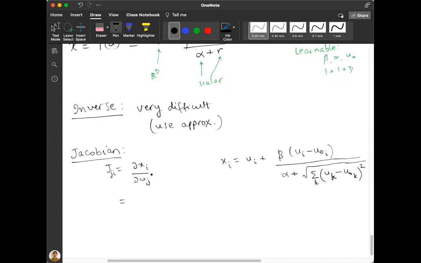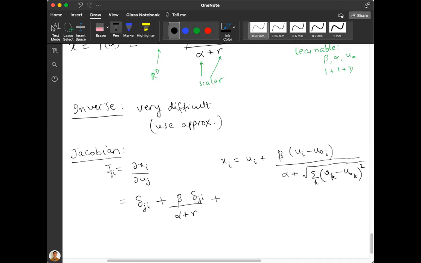So the derivative of x_i with respect to u_j will be delta_ij or delta_ji, both are the same, plus beta upon alpha plus r, which I will write as alpha plus r only, and here you have delta_ji again.